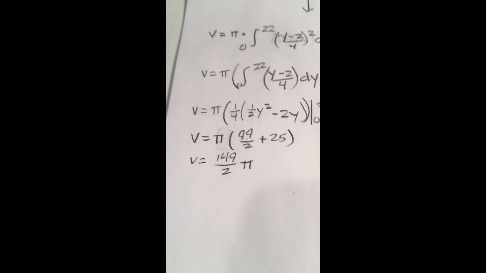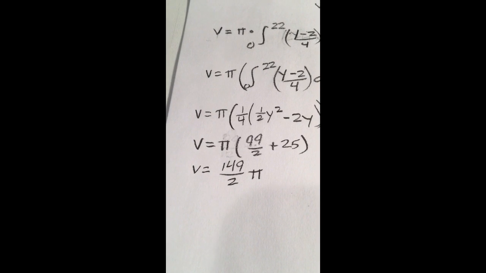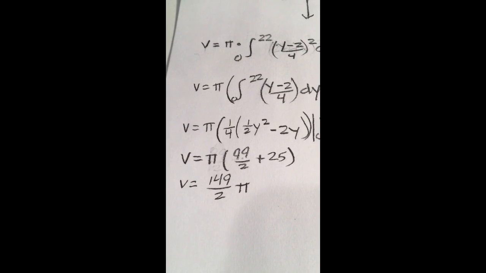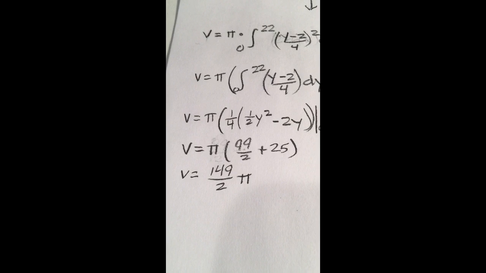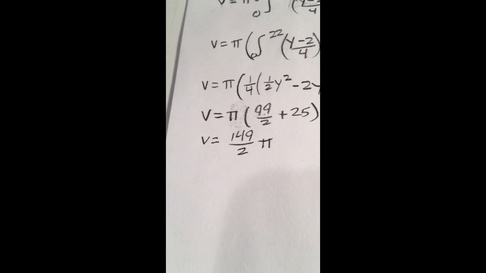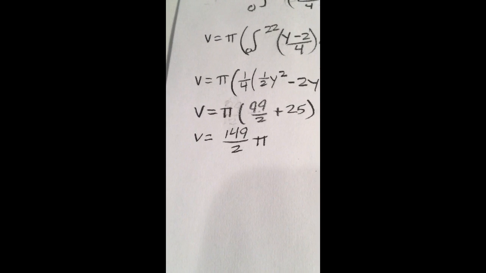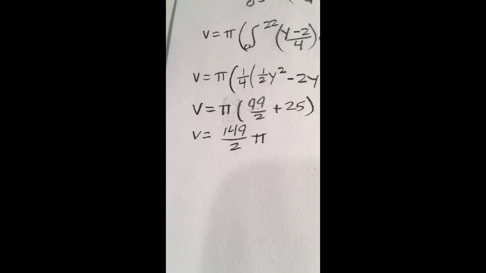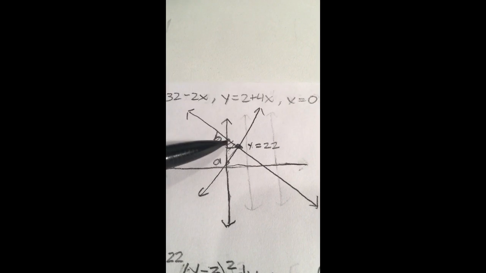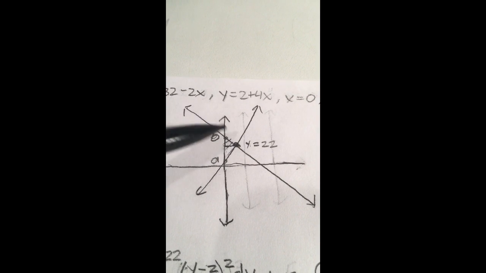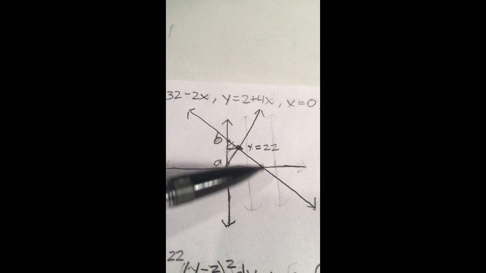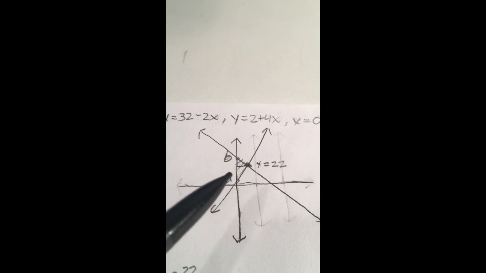When you do that and add them up, you'll get V equals pi times the quantity of 99 over 2 plus 25, which gives the volume equaling 149 over 2 times pi, which of course represents the volume of this area being rotated around to form a solid 3D shape.